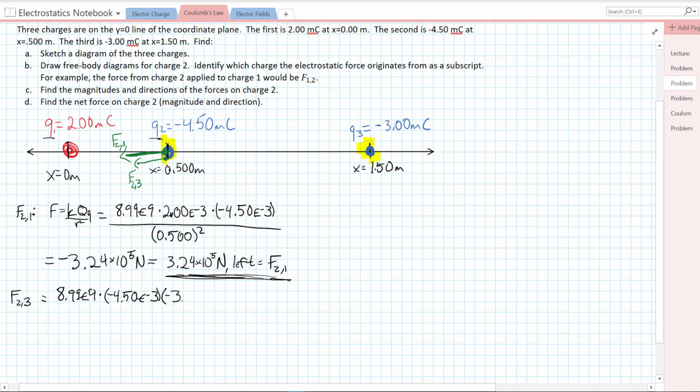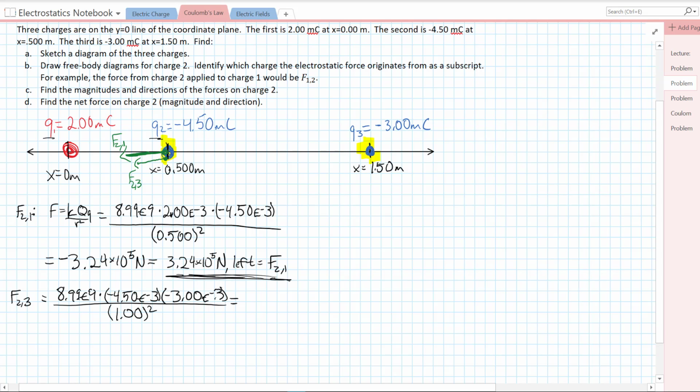Q3 is negative 3.00 times 10 to the minus 3 coulombs, divided by the distance between Q2 and Q3. From 0.5 to 1.5, we just subtract them. 0.500 meters, that's not right. 1.5 minus 0.5 is 1.00 meters. That whole thing squared.